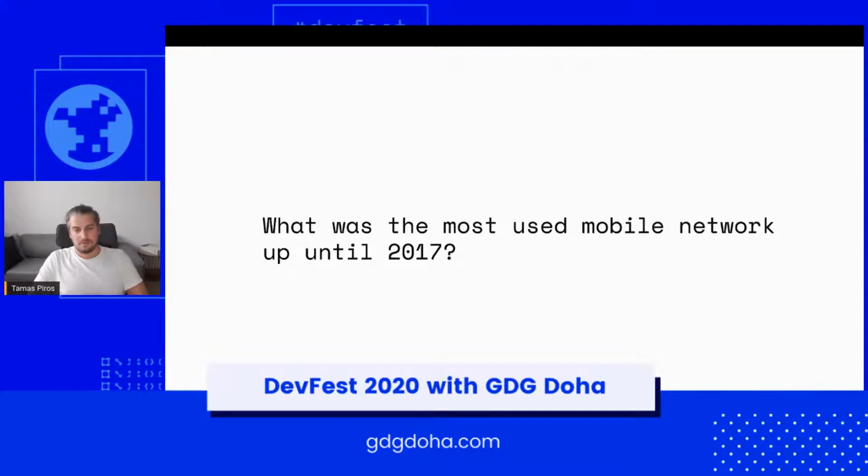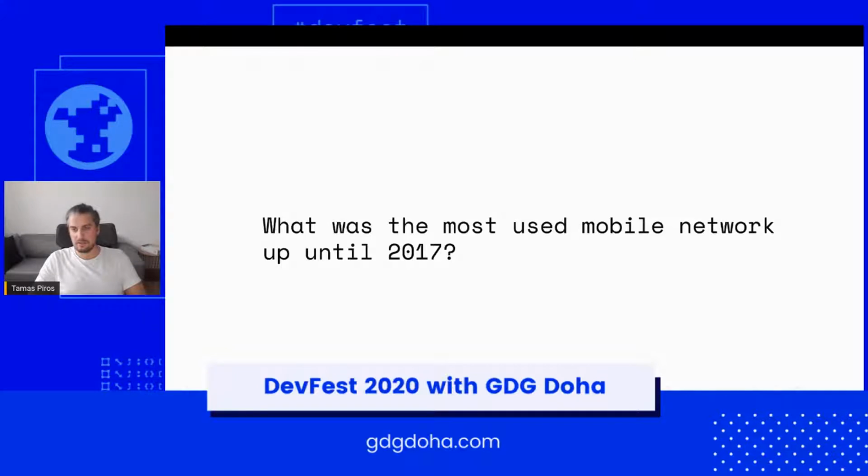And it's not. It turns out the correct answer is actually 2G. So the majority of the people who were using a mobile phone or a mobile network were on a 2G connection up until 2017. And from 2017 onwards, that has changed to 3G.